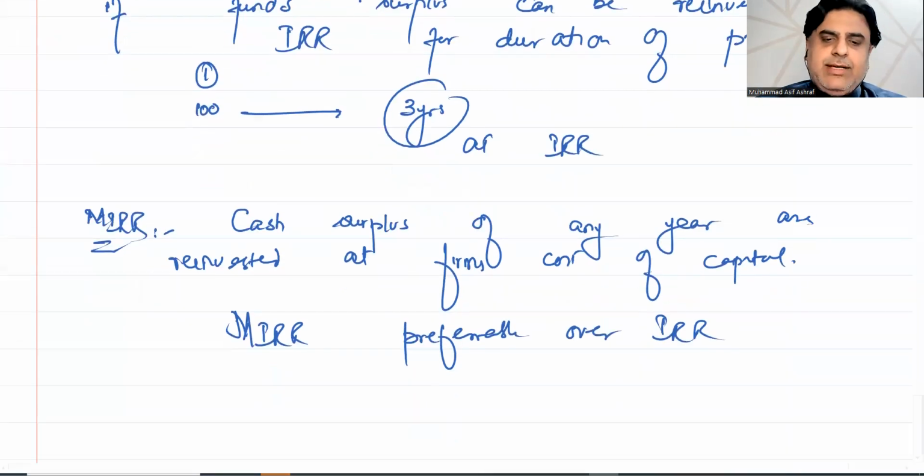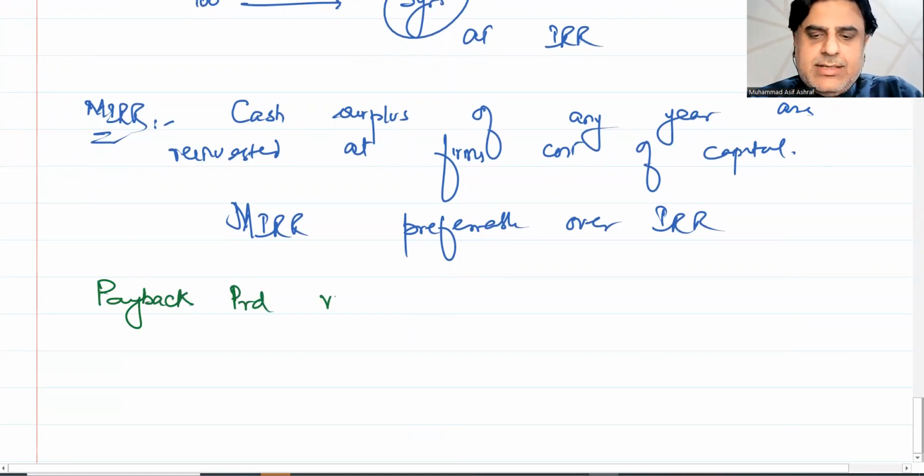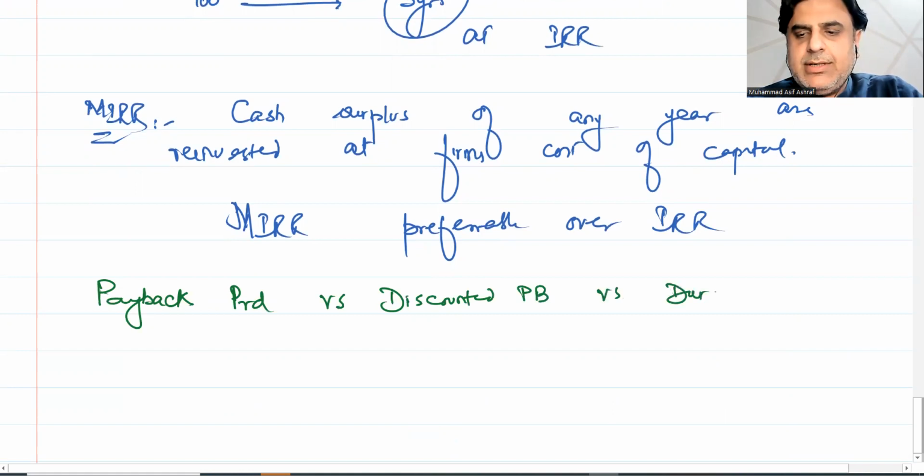Now we have three techniques: payback period versus discounted payback period versus duration.